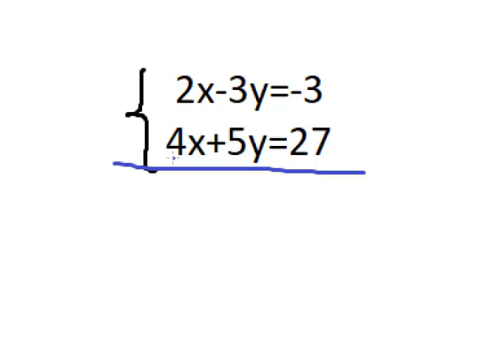I will get 2x plus 4x, that will give me 6x. And minus 3y plus 5y is not gonna give you 0. That's gonna give you positive 2y. So you don't eliminate the y. That is a problem.